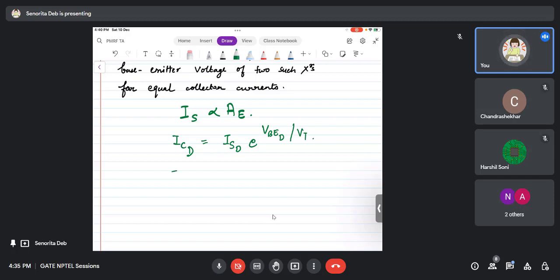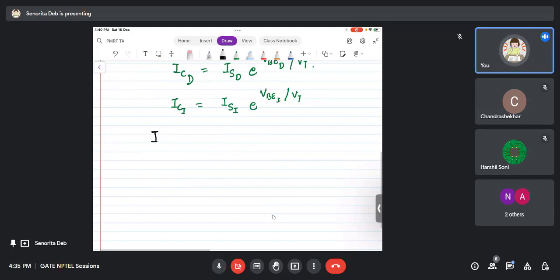And ICI, for the integrated one, is ISI e to the power VBEI upon VT. Now let us take the ratio. ICD by ICI is ISD upon ISI times the exponential of the voltage difference.